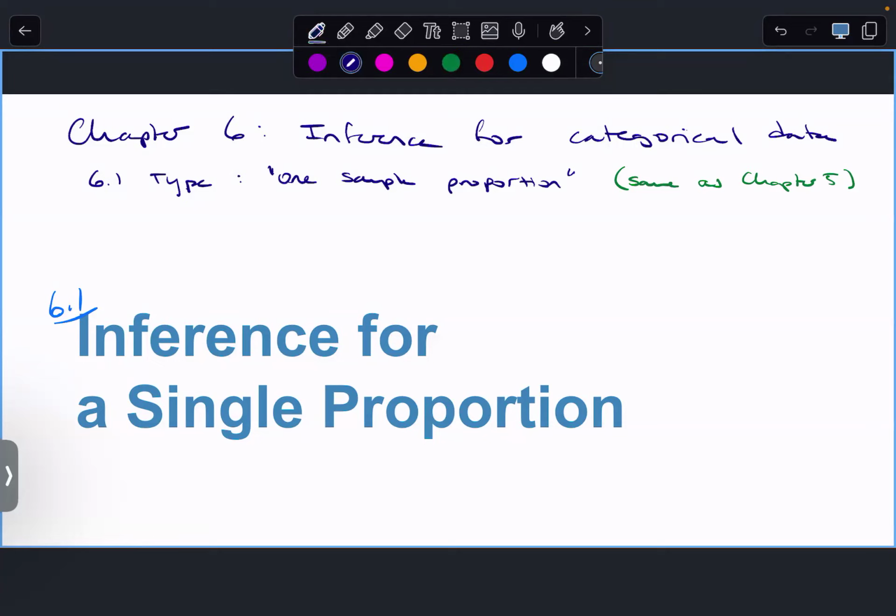Now, we're still going to be in this type of question for today. And then on Tuesday, we're going to start our next type of question in 6.2, which is two sample proportions.